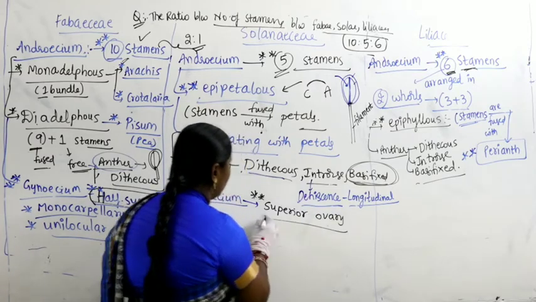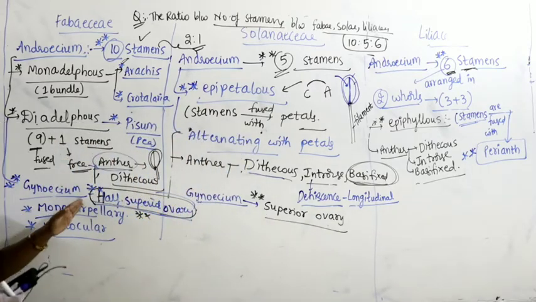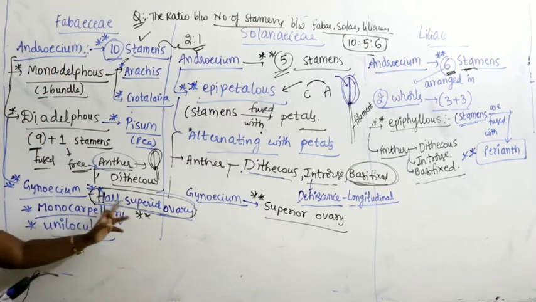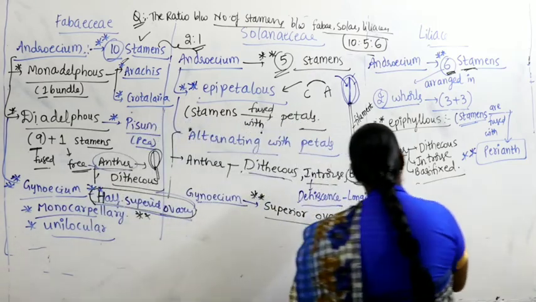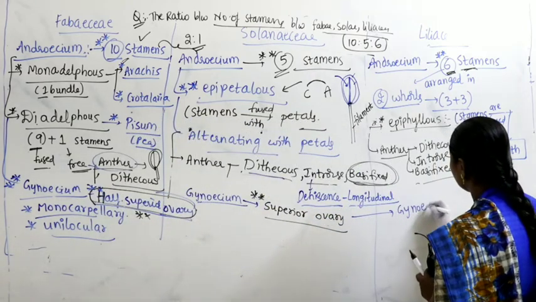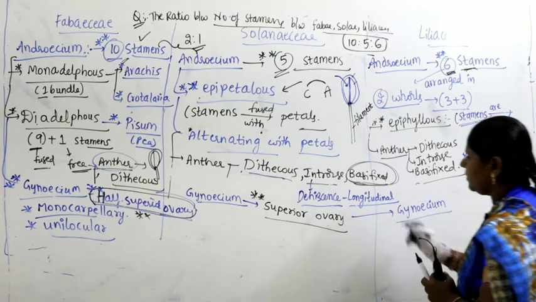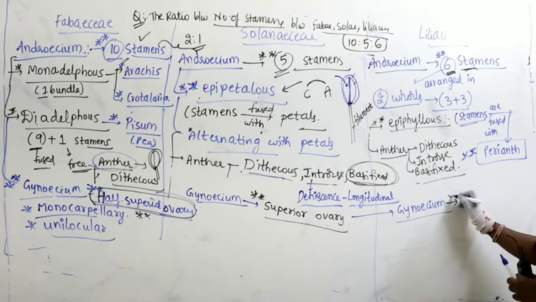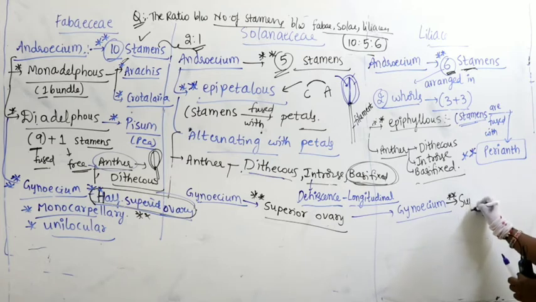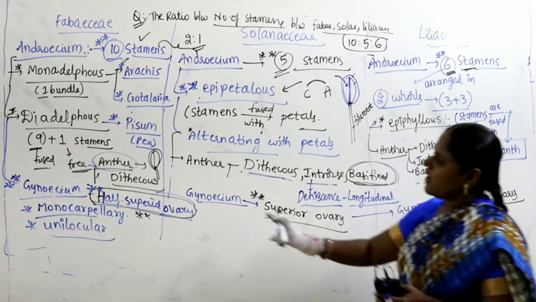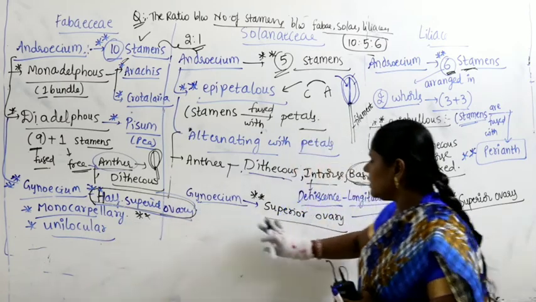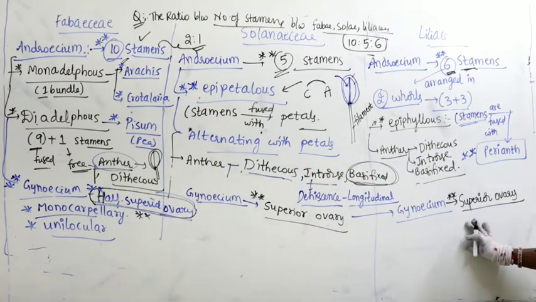Let us make out the differences. Fabaceae gynoecium is half superior, Solanaceae gynoecium is superior ovary. Liliaceae gynoecium is also a superior ovary. So what is the difference? Fabaceae is half superior, Solanaceae is superior ovary and this is also superior ovary.